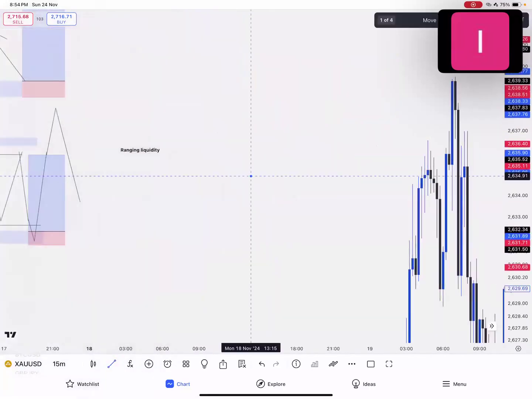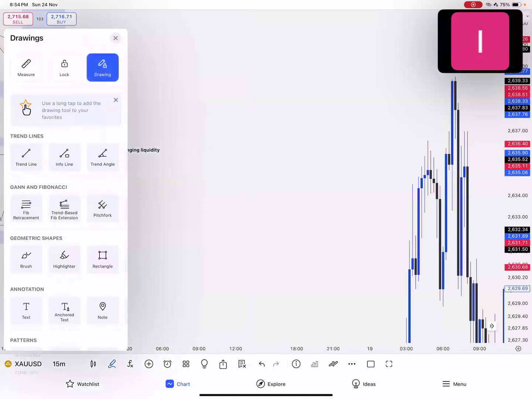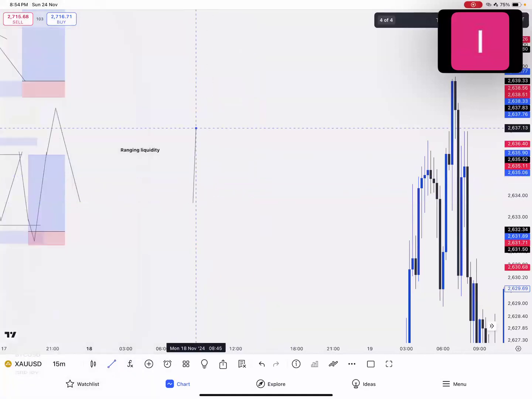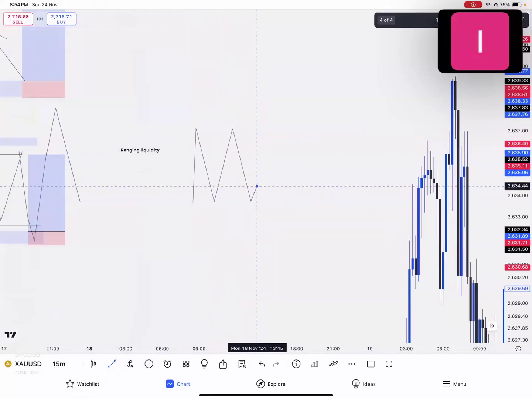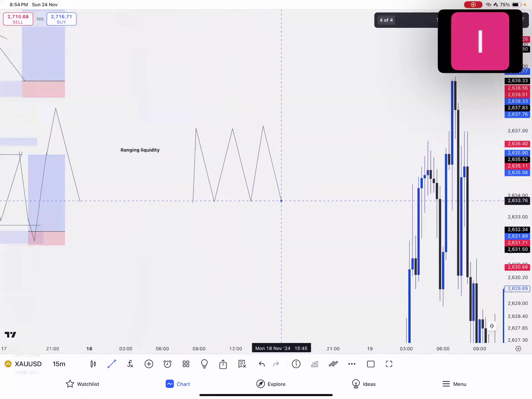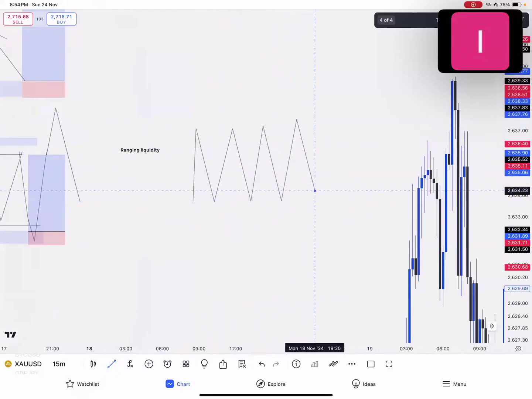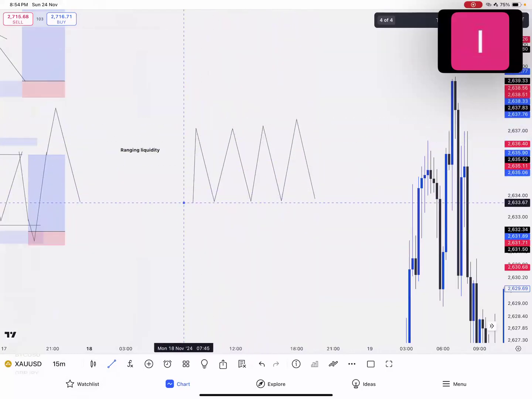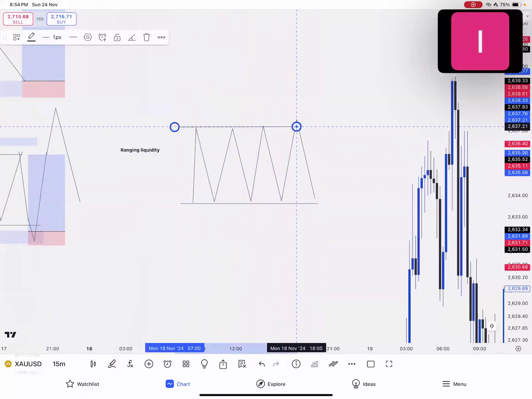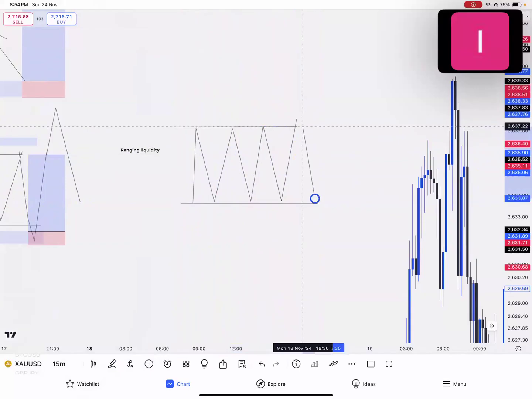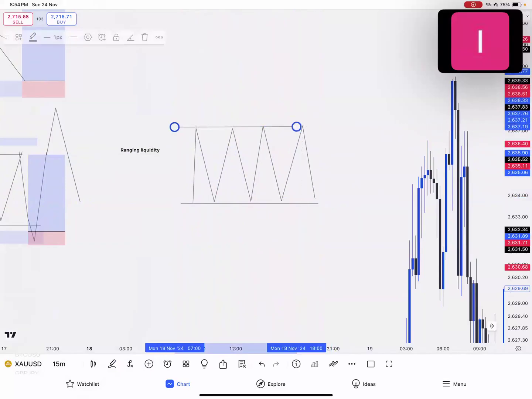Let's say, for example, the market was ranging. This is the range. So this is your range here. So there's liquidity here, and there's also liquidity here.